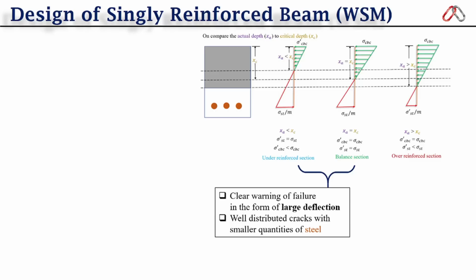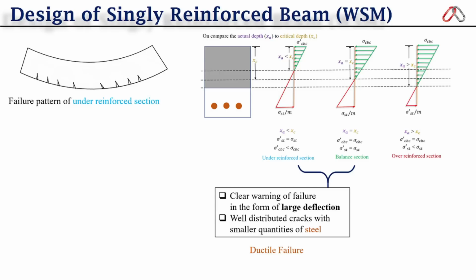Under reinforced section fails due to failure of steel. That's why we call it ductile failure. Here you can see the failure pattern of under reinforced section. Here the cracks are large and visible before failure of the beam section.